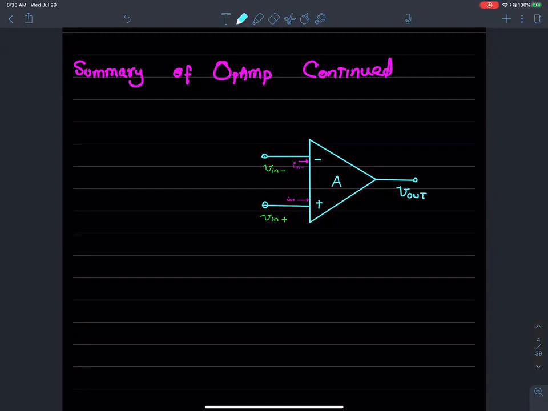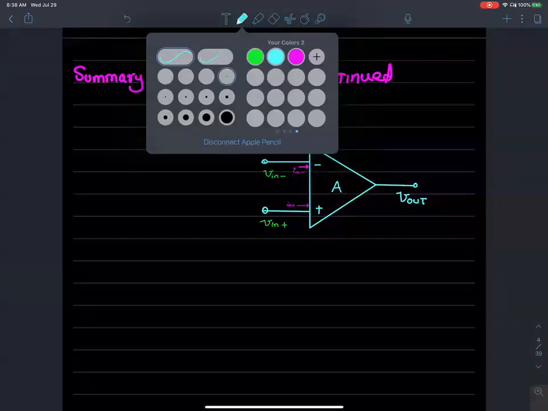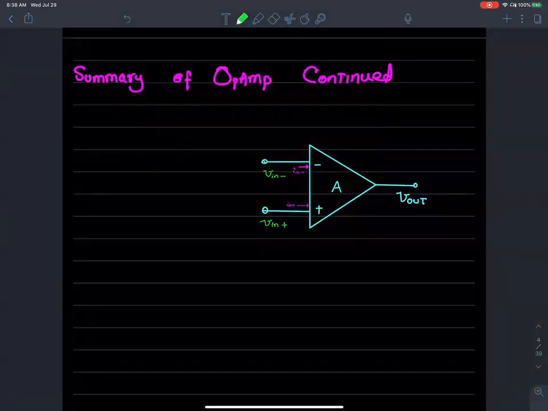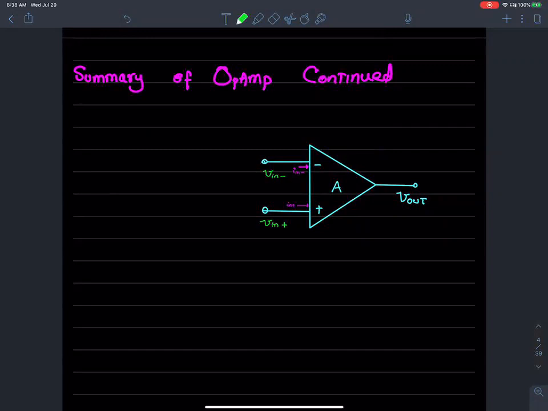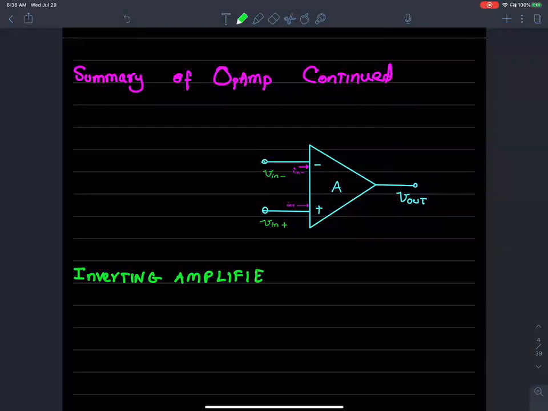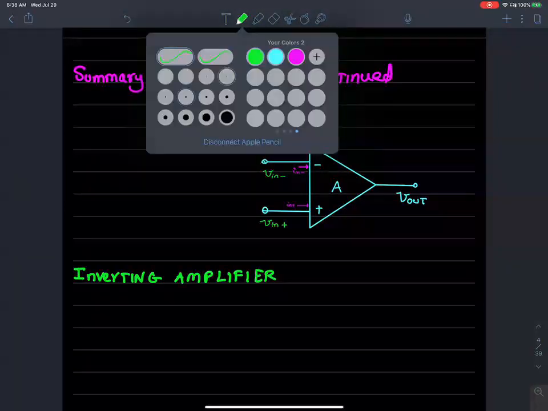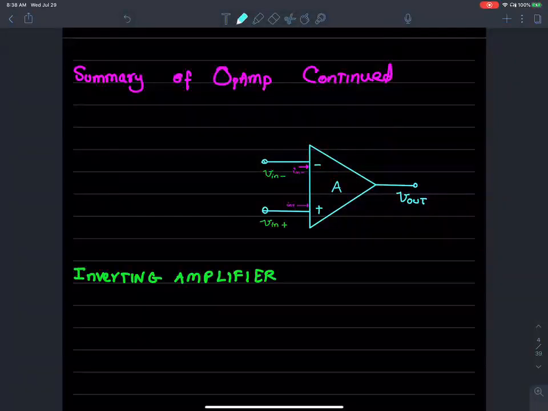Now I'm going to show you what is called an inverting amplifier. Let me write it over here: inverting amplifier. In the inverting amplifier configuration, there is a resistance connected over here, and I like to call this RS.